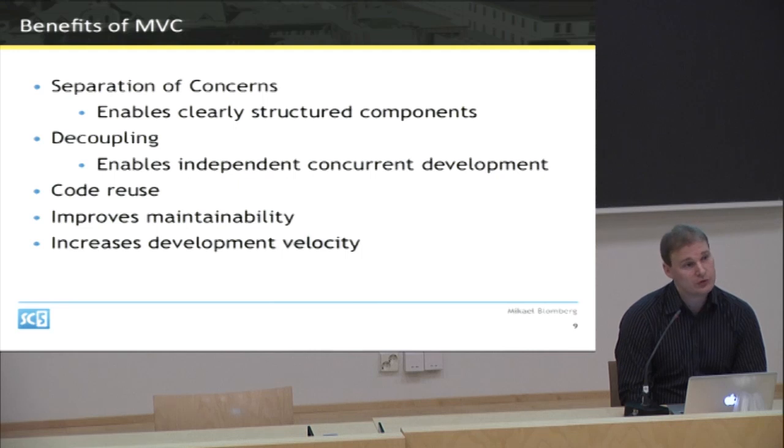A good example of two views you could use is a mobile view and then a desktop view. I don't recommend it, but that's possible. And then an example where you have two controllers would be a normal user and then an administrator, who has the right to modify the model.